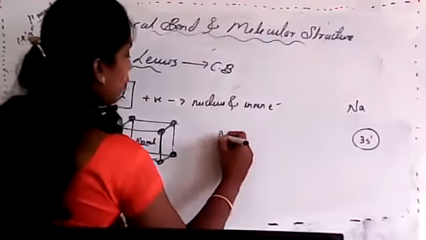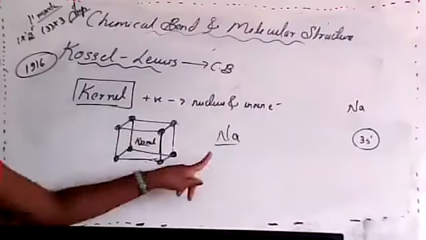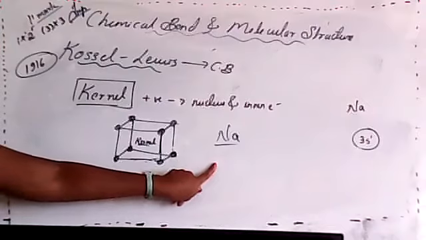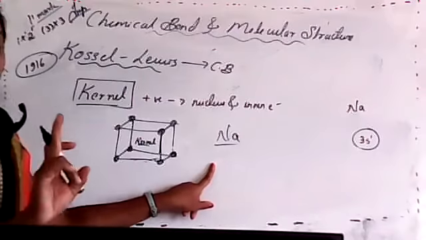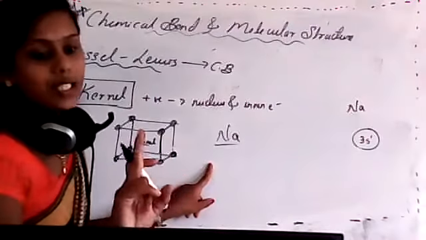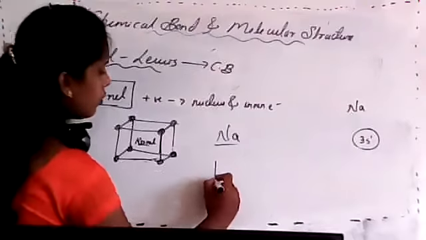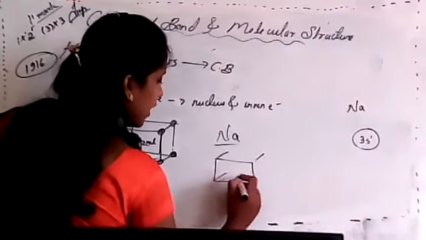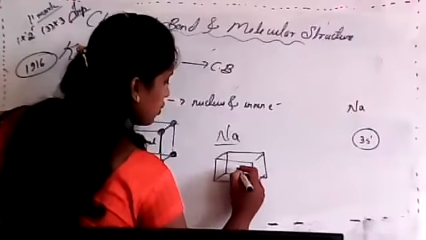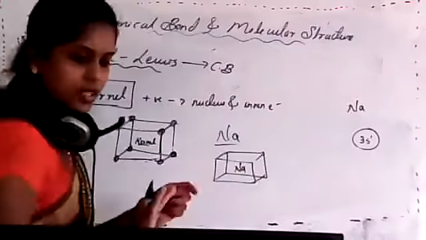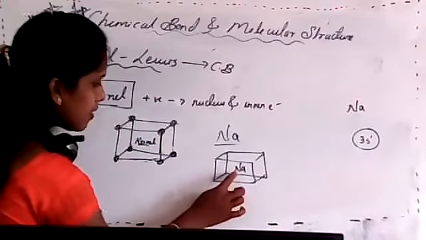Further, if I consider sodium, in that case only one electron is present in the cube. The kernel with a cube for sodium, just an imaginary picture.